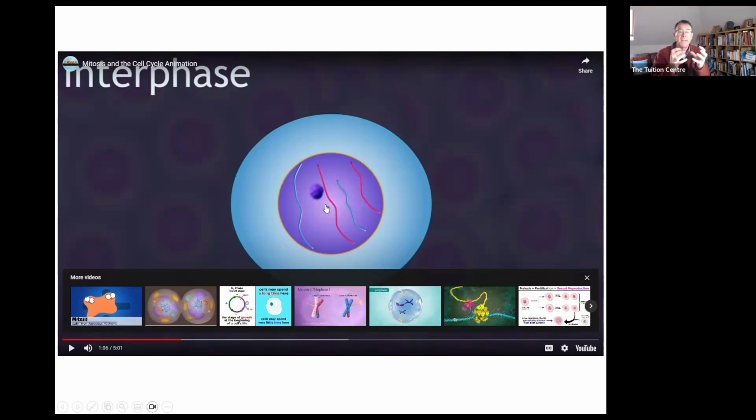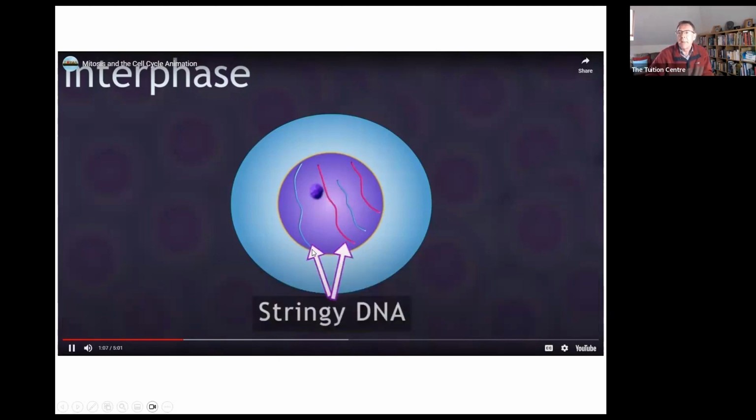It'll do what we call condense into individually visible, under the microscope, packages of DNA and protein that we refer to as chromosomes. So the chromosomes are in this chromatin form, that's this stringy DNA they're talking about here.